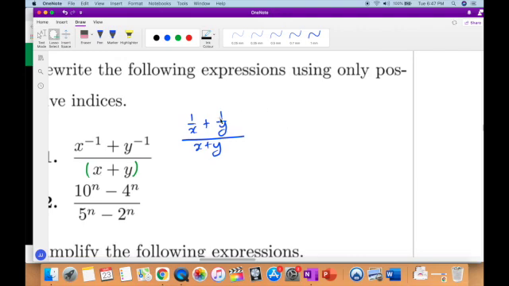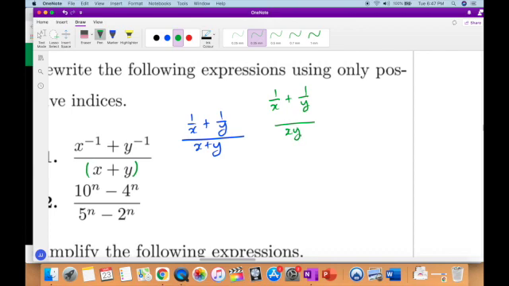Right? Let's work out the top, right? I could say that 1 over x plus 1 over y is, I have to multiply, so I'll get xy, right?